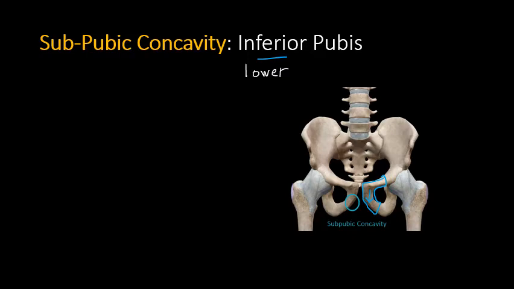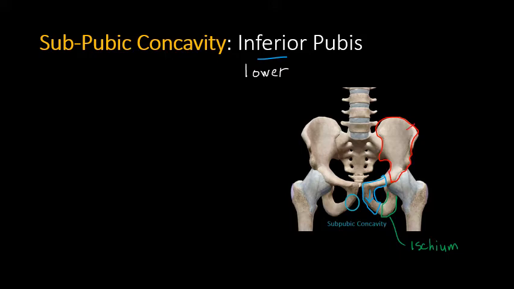And just as a reminder, while this portion highlighted in blue is our pubis, in green, I'm going to point out that that's our ischium, and I'll use red up here where we were looking for that greater sciatic notch.